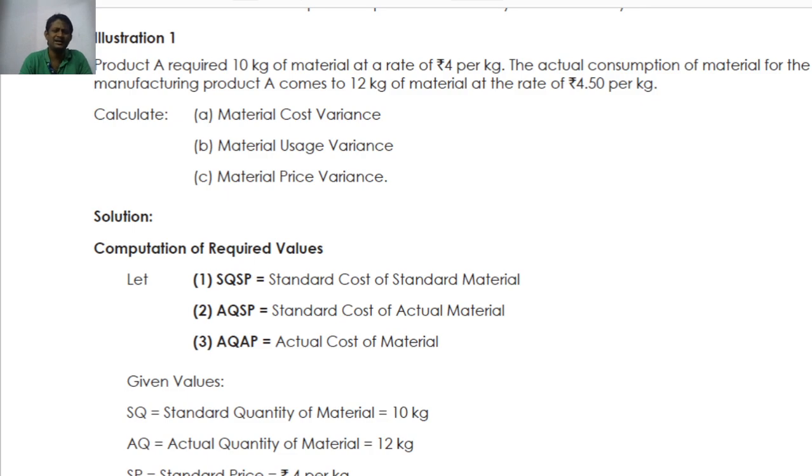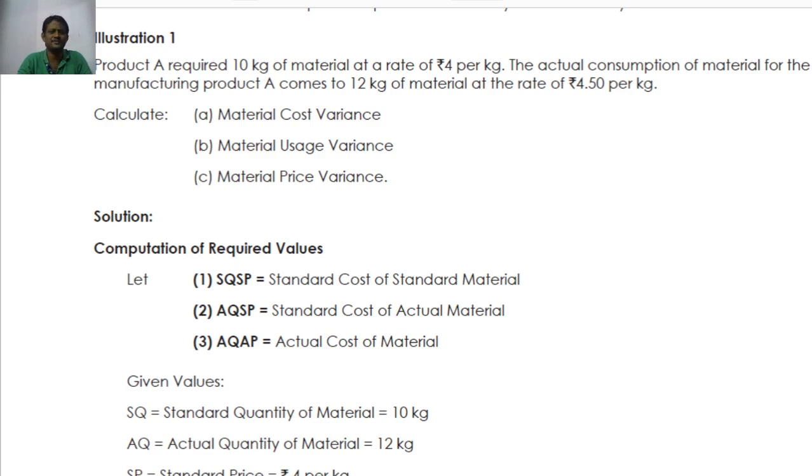Mix and yield will not come for this problem because there is only one raw material. If there are different types of raw material, then only mix and yield will come. Forget about all these formulas. Just go through the question and you can say whether it is adverse or favorable, by reading the question itself.